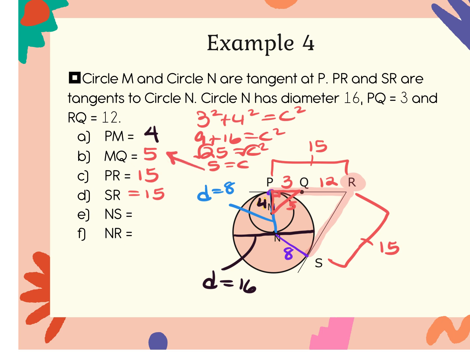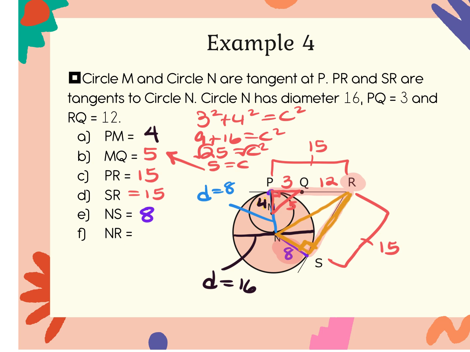Now for NS, I already answered that. That was this purple radius over here that I drew. So that's got a length of 8. And now NR does not have a segment drawn in there, so I'm going to draw one. NR goes from here to this external point. But remember, this S is a point of tangency. So I've got a right triangle here.